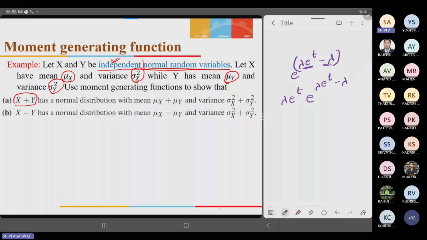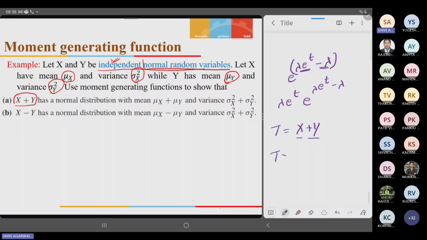We are writing t equal to x plus y. So x and y follow the normal distribution and are independent, so t also follows the normal distribution.